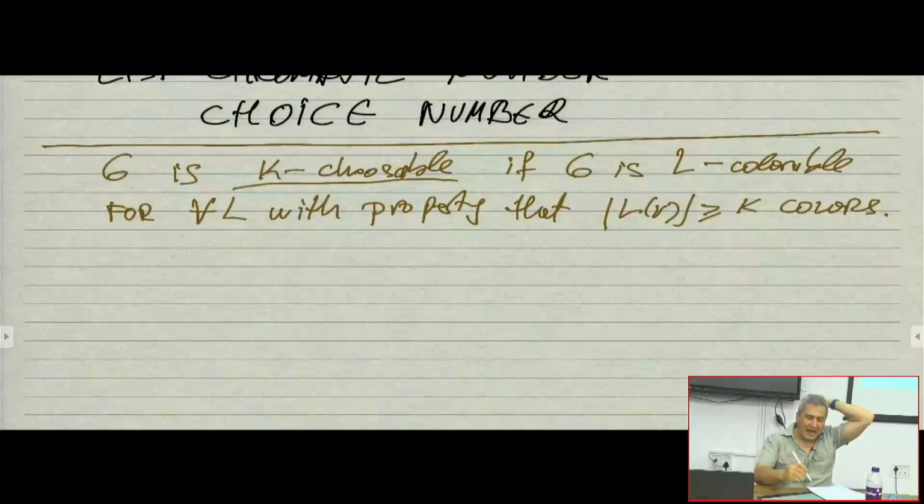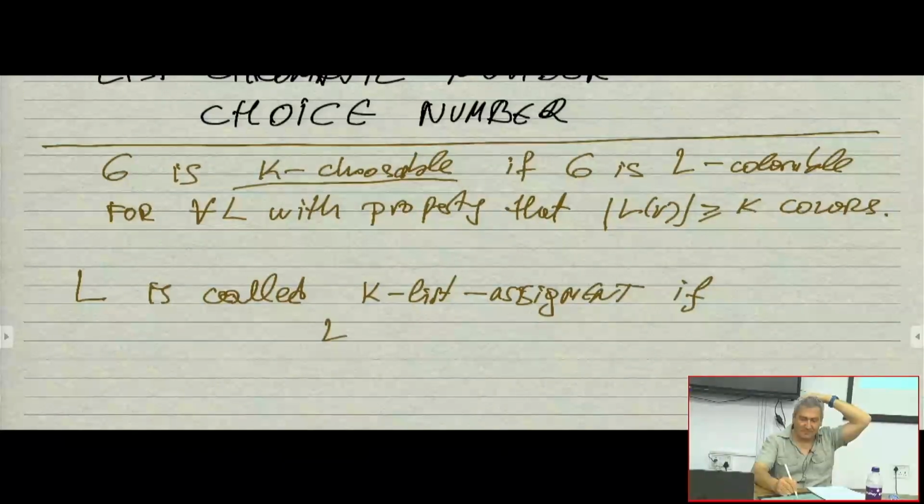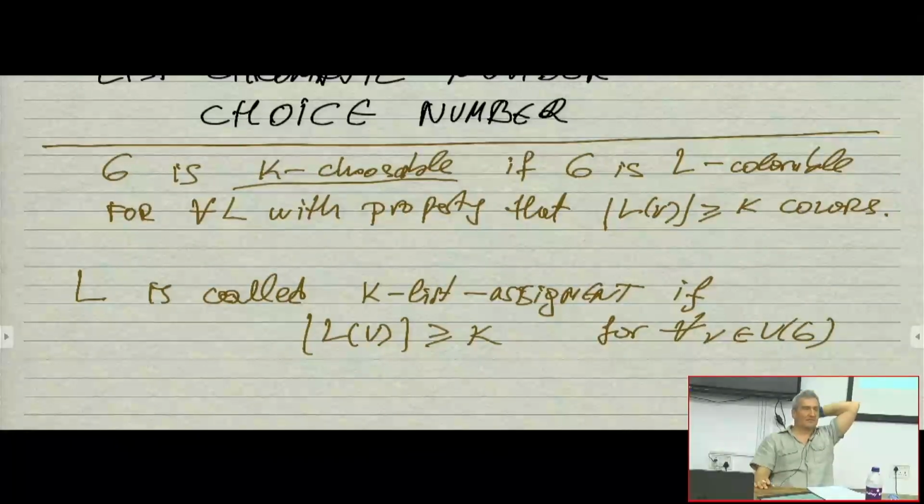We can say L is called a K list assignment if it assigns a list of K colors for every vertex of G. And then we say G is K choosable if for every K list assignment it admits an L coloring, or it's L colorable.